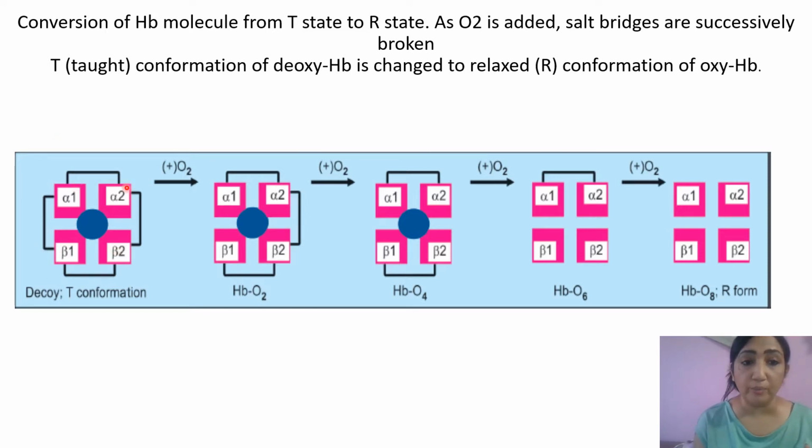When 1 molecule of oxygen binds, one salt bridge is broken, and it becomes hemoglobin O2. Then with another molecule, hemoglobin O4. Like this, when all 4 molecules of oxygen are bound, all the salt bridges are broken. It is in the R form, and the affinity has become 200 to 500 times more.